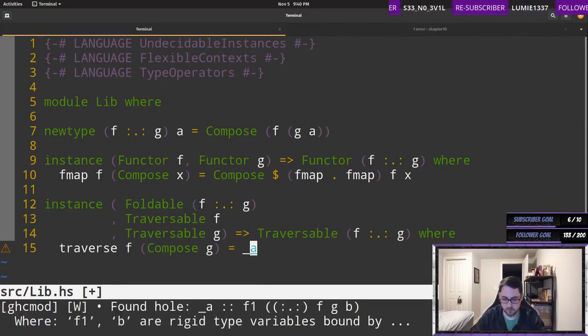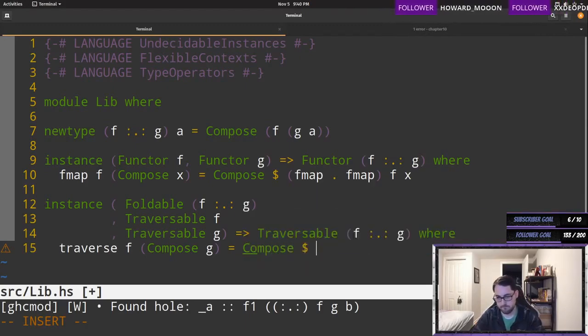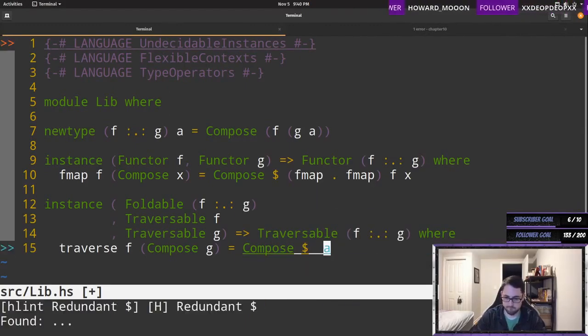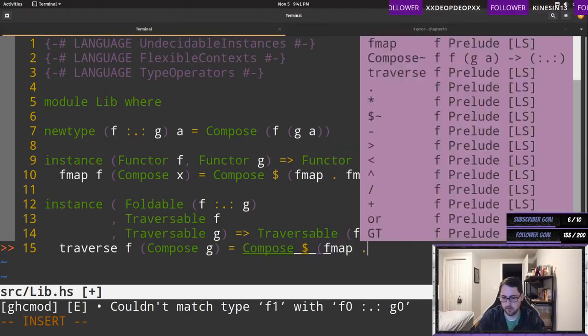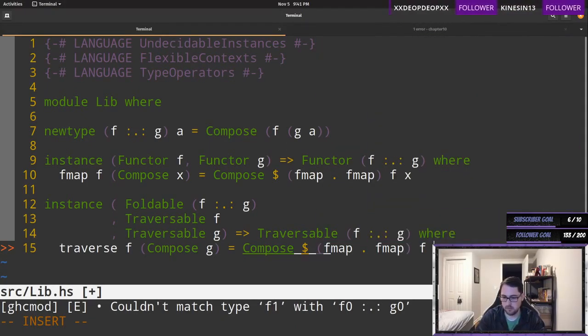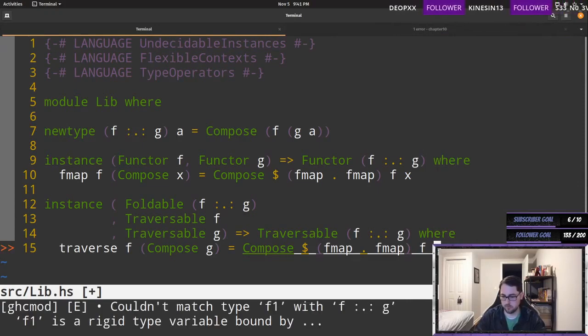Okay. Is it just the same thing? No, it's not the same.